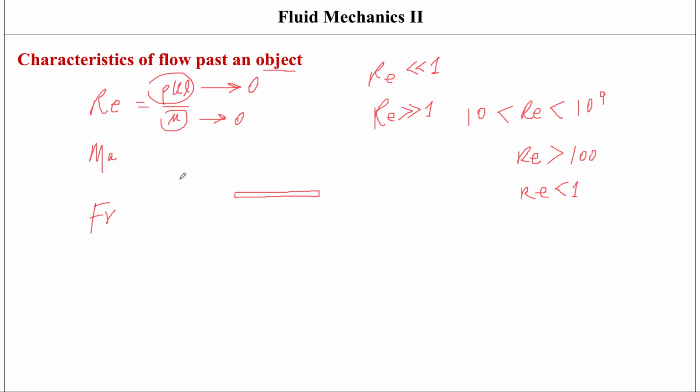So we can have a fluid flowing towards this plate, and we'll see how this flow changes depending on what the Reynolds number is when it interacts with this plate. And the other thing that we're going to look at is a circular cylinder, and how the flow interacts with that circular cylinder depending on whether you increase or decrease the Reynolds number.